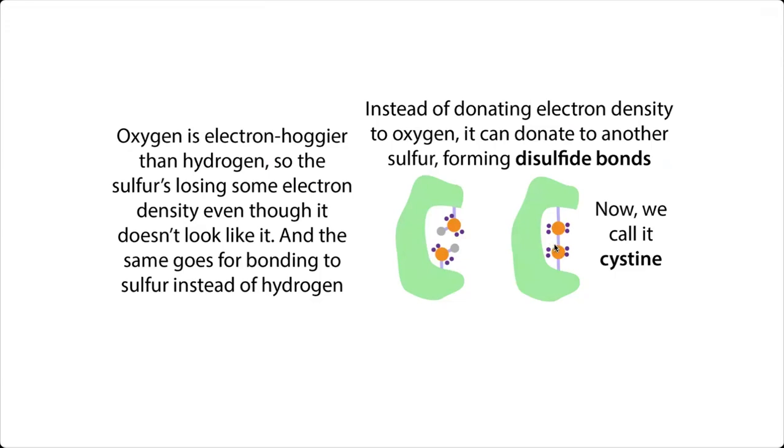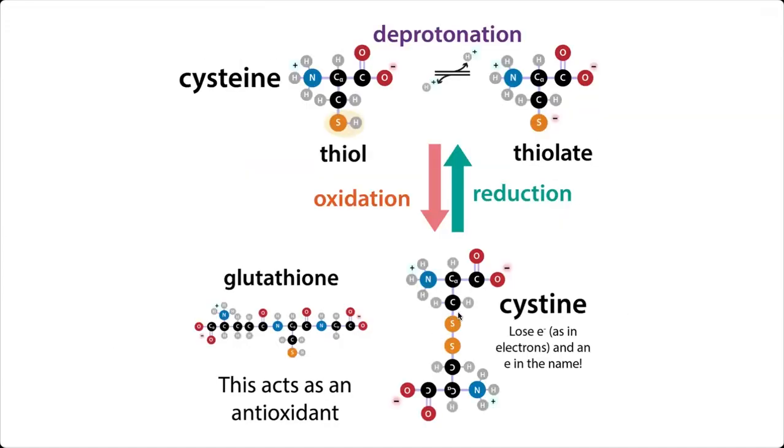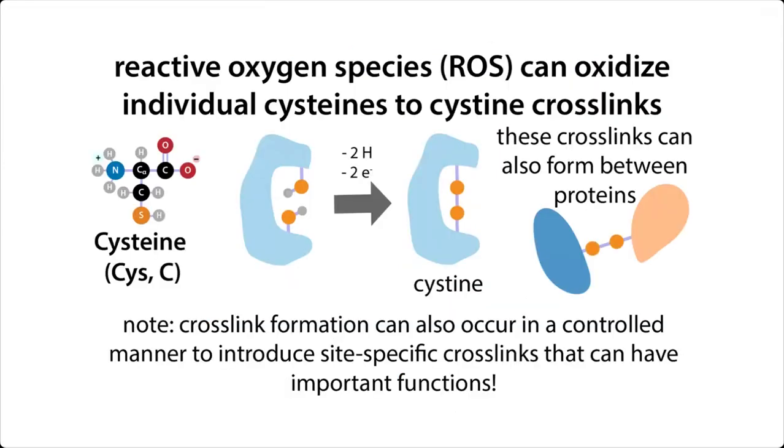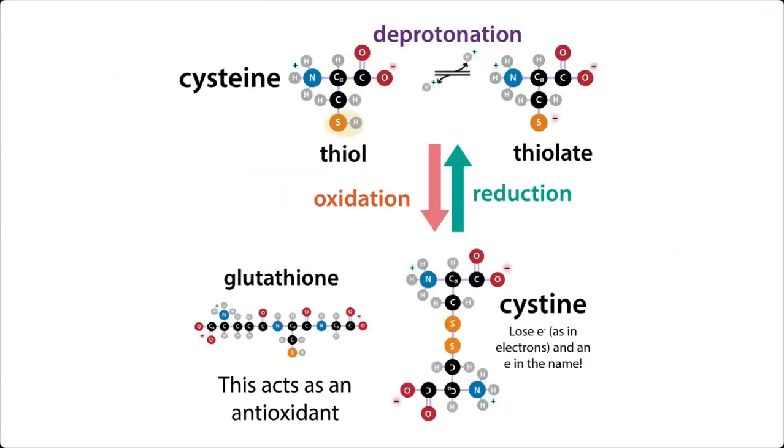And so what's going to happen is now you're going to have had an oxidative reaction occur. So cysteines can form these sort of like crosslinks within a protein or between proteins, and this can be controlled for making protein, like sturdifying proteins, or it can be uncontrolled when you have like reactive oxygen species happening.